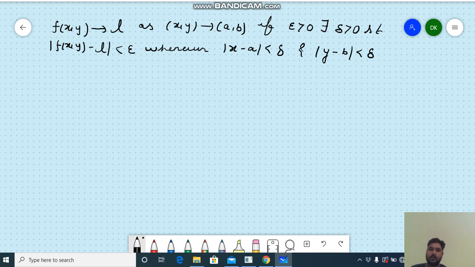Then we say this small l is a limit of function f(x,y).